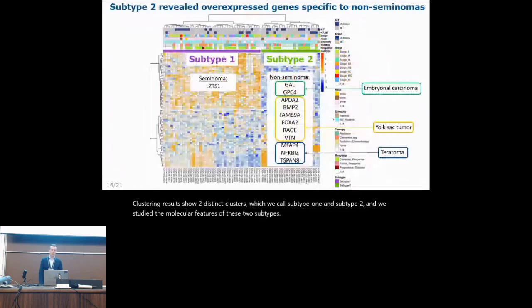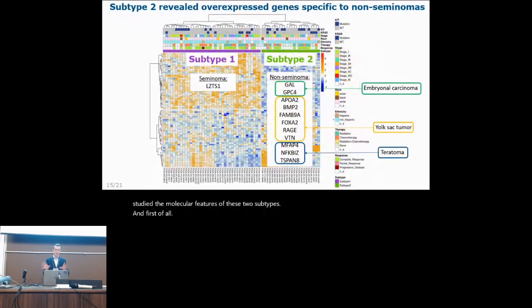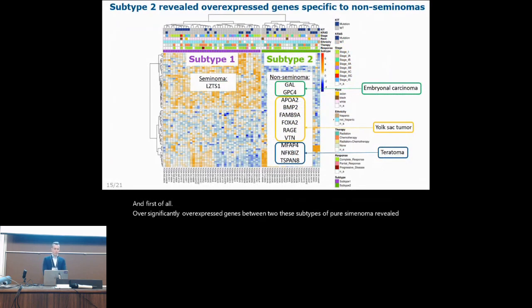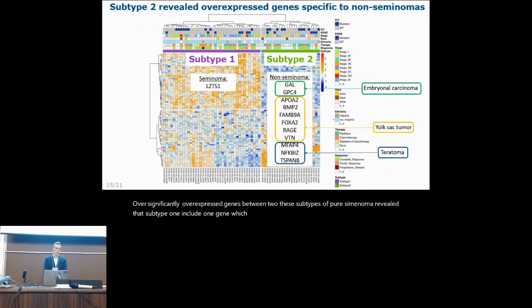First of all, significantly overexpressed genes between these two subtypes of pure seminoma revealed that subtype 1 includes one gene which is a signature for seminoma, which makes sense.